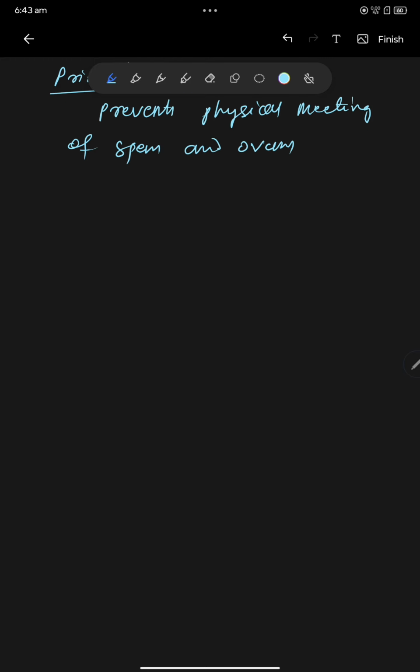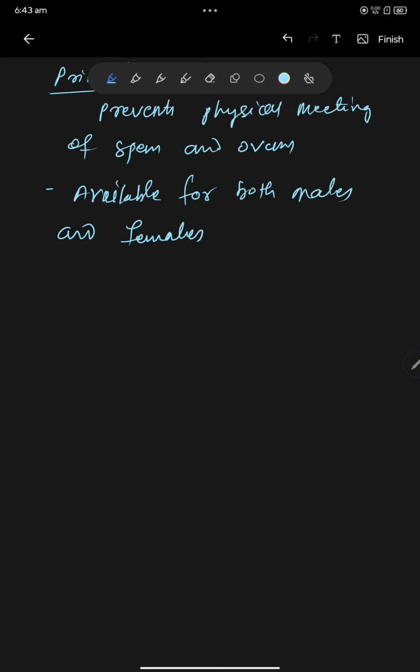These are available for both males and females. So these principles are very important, children. On what principle a contraceptive works is very important.